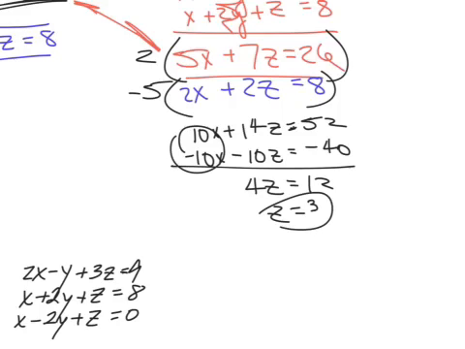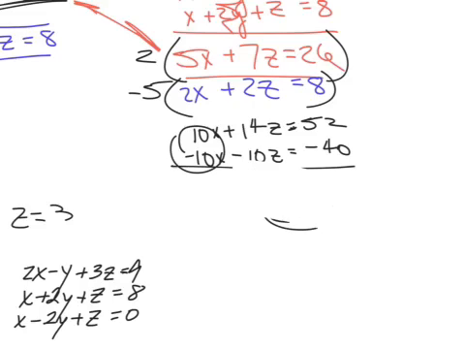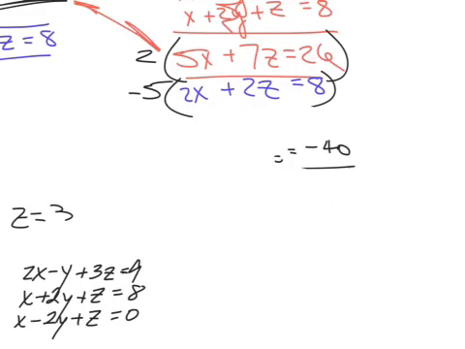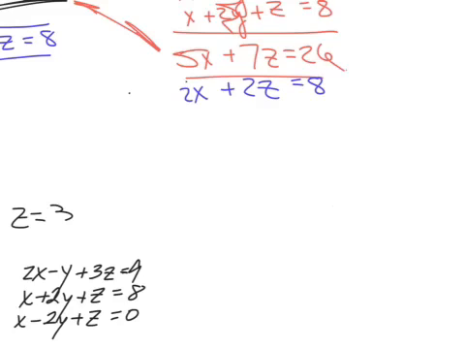Okay, so we found the 3. So let's put that over here. z equals 3. And we can get rid of all of this now that we already found it. And we still have, in red and blue, our two original ones. And we can pick either one of these to plug 3 in.